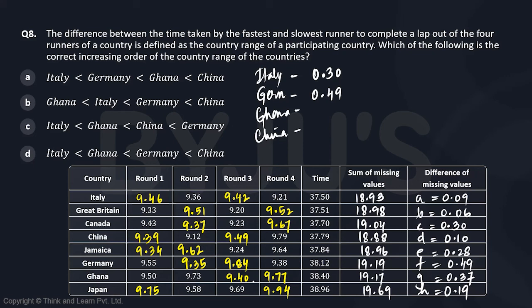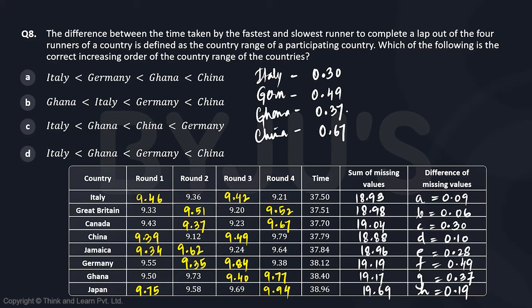For Ghana, the fastest runner has taken 9.40 seconds, and the slowest runner has taken 9.77. So the difference between these two is going to be 0.37. And if you look at China, the fastest runner has taken only 9.12 seconds, while the slowest runner has taken 9.79, which is a huge gap of 0.67.